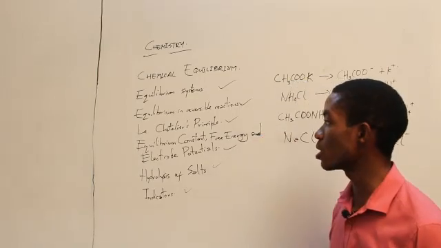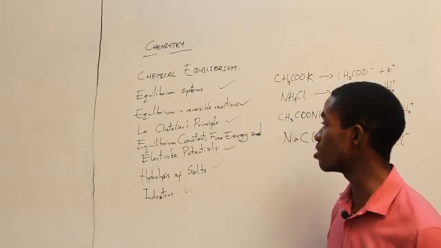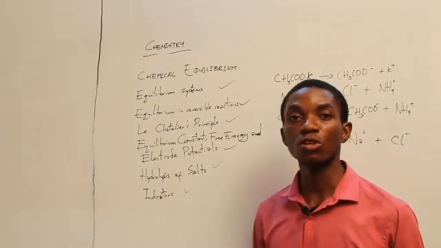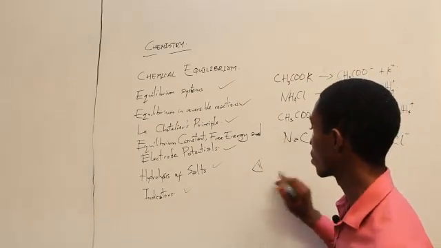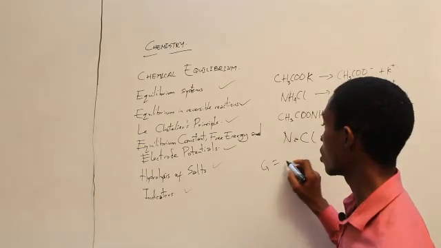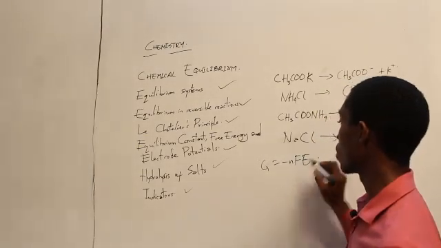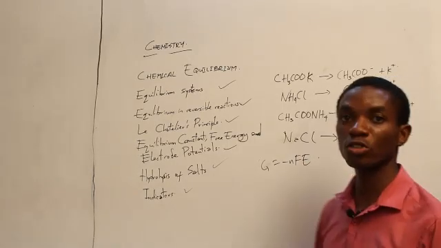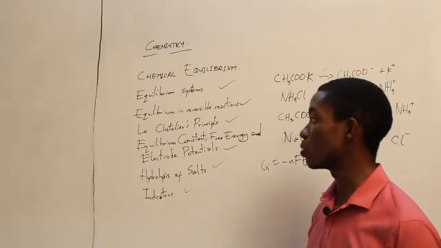So that led us to talking about the equilibrium constant and relating it to the free energy and the electrode potential, where we came up with the formula that the free energy G equals minus nFE, where n is the number of electrons, F is Faraday's constant, and E is the electrode potential.